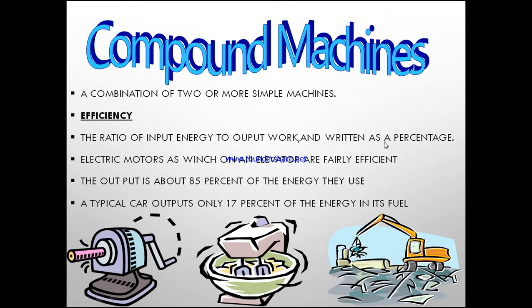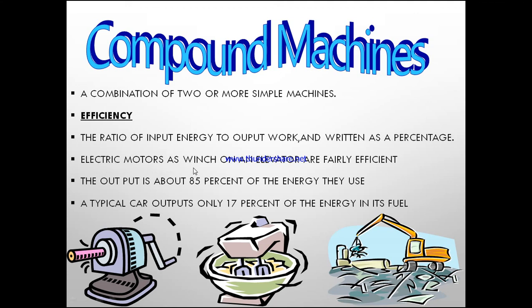So you'll find the ratio is between the output work and the delivered work. It is the ratio between them, not the ratio between the effort arm and the resistance arm.